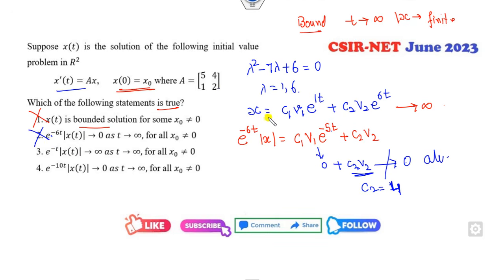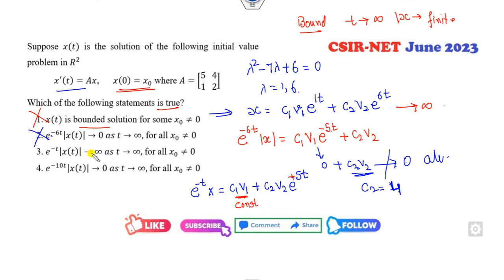When you multiply this by e raised to power minus t into x, it will be C1 V1 plus C2 V2 e raised to power 5t. So it goes to infinity as t tends to infinity. Does it always? Fine.